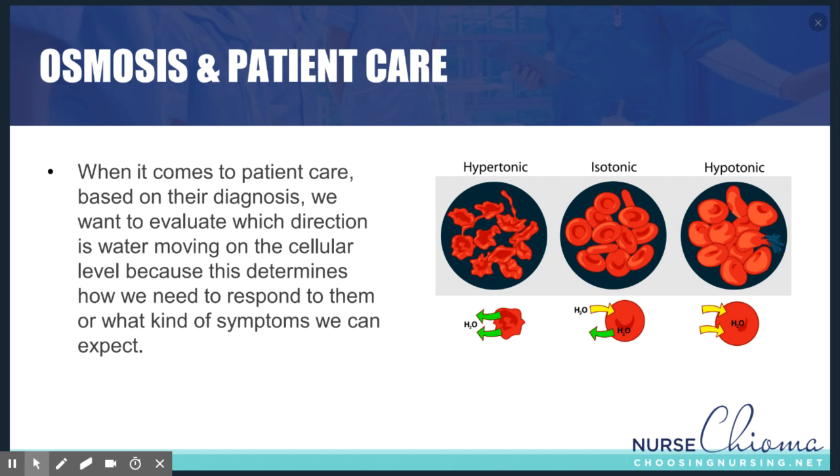When you understand the movement of where the water is going, not only will you know what symptoms to expect, but also how to treat it. For example, with hypotonic, you're not going to want to give a whole bunch more fluid, right?